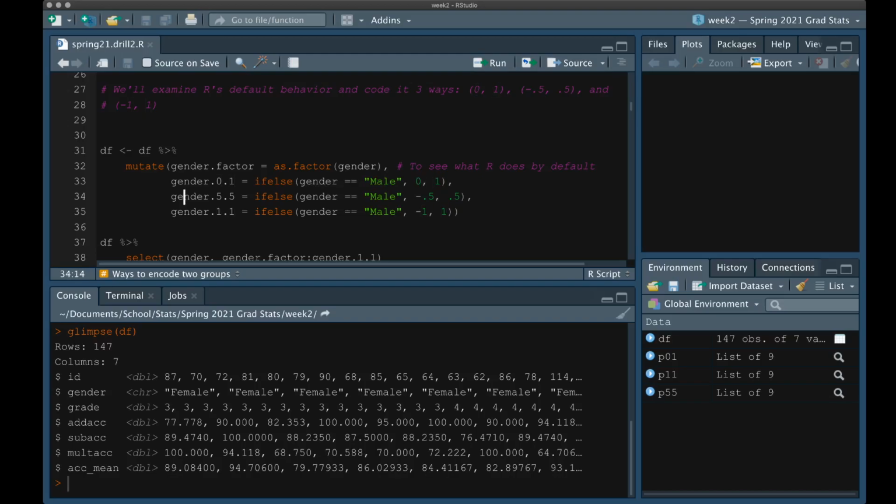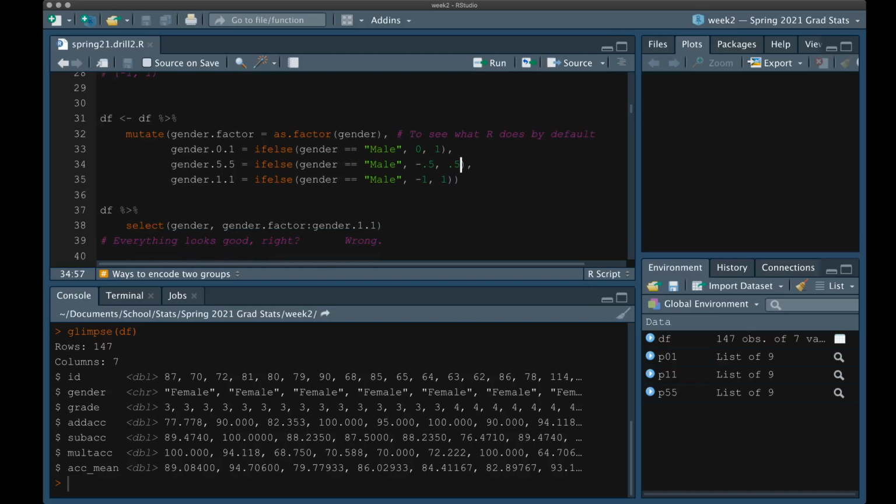For gender.5.5, that's just my notation for saying, hey, this is the negative half, positive half coding, where if gender is male, code it as negative half. If not, code it as positive half. And then for gender 1.1, that is the negative 1, positive 1 coding, where if gender is male, code that as negative 1, and code females as positive 1.